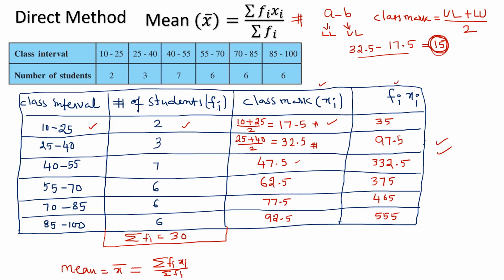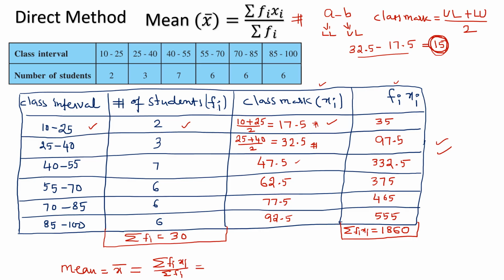Similarly, we need one more number, that is the summation of the fi xi column. If you take the sum of all these numbers, sigma fi xi is equal to 1860. Now you simply substitute these values.